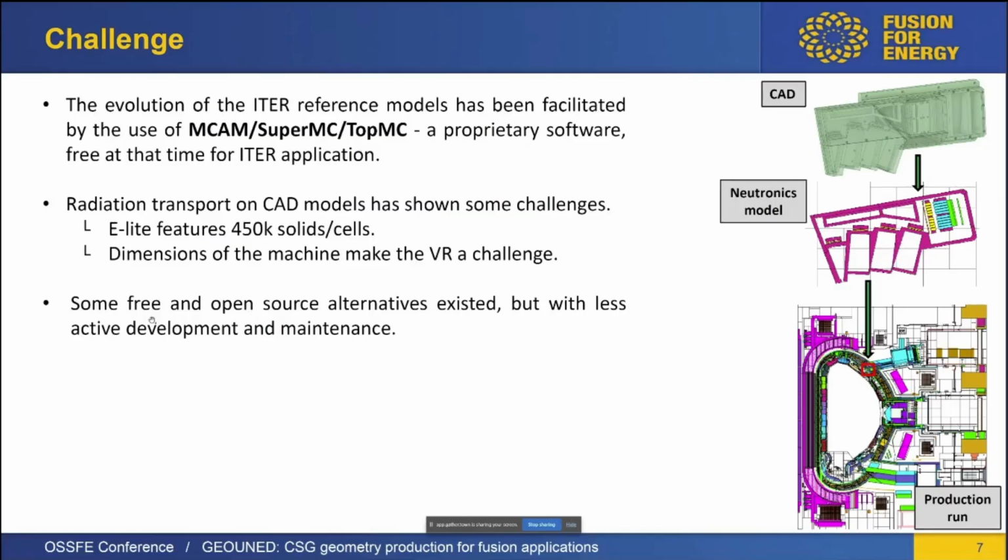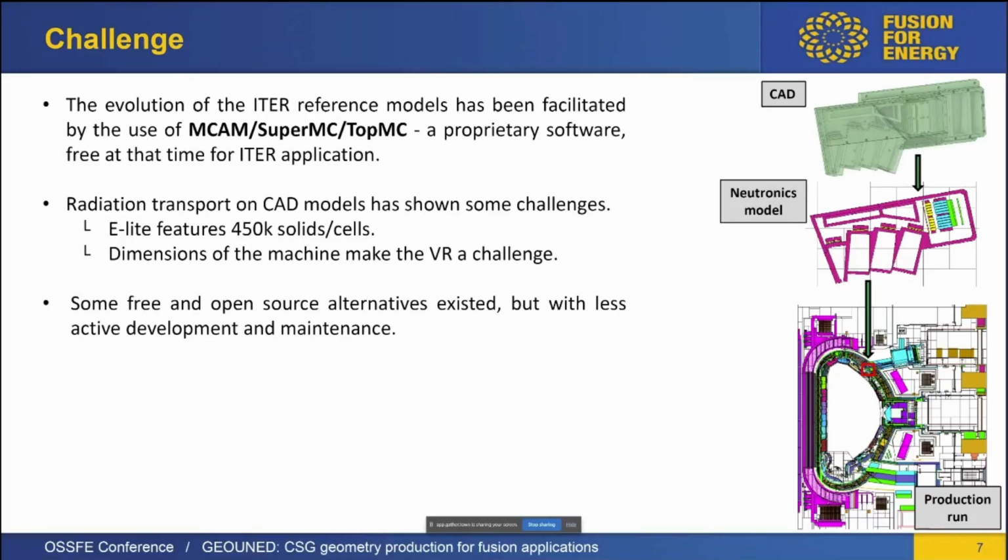And at that time, of course, some free and open source alternatives to MCAM and SuperMC or TopMC existed, but they had less active development and maintenance, because this was basically driving the whole ITER analysis throughout many years. Of course, you can imagine now that depending on one single tool in the key workflow for nuclear analysis can be quite worrying.